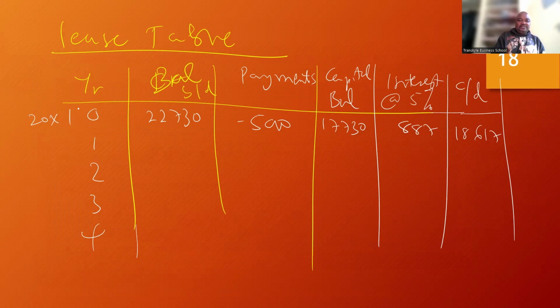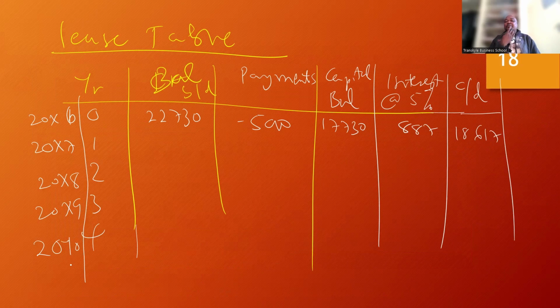If you want to be very exact, year 2x6, and this is year 2x7, 2x8, 2x9, and the fifth year. Or you can even say year 1, year 2, year 3, year 4, year 5. It is allowed as long as you know what you are doing.